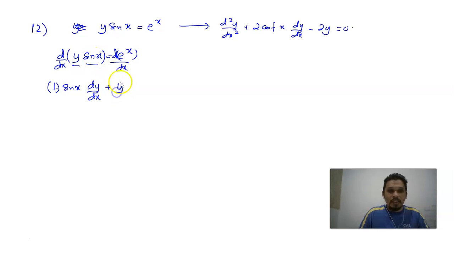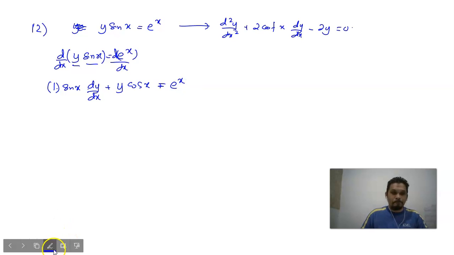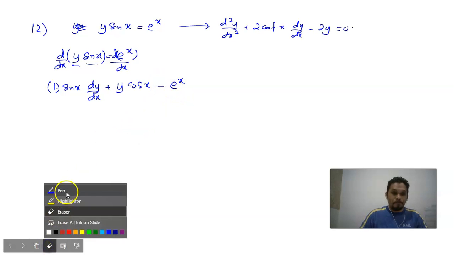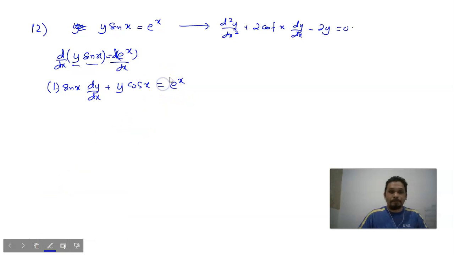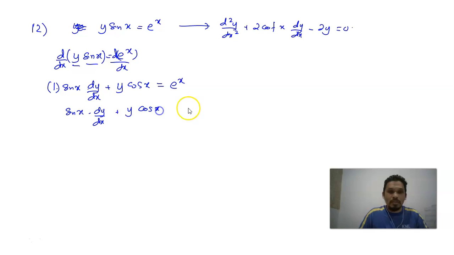So y and derive the sine, it gives you cos x, equal to, differentiate e^x equal to e^x. Okay, so then now simplify this: sine x dy dx plus y cos x equal to e^x.